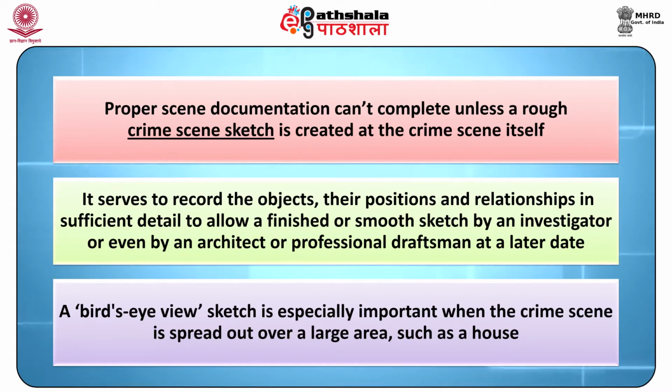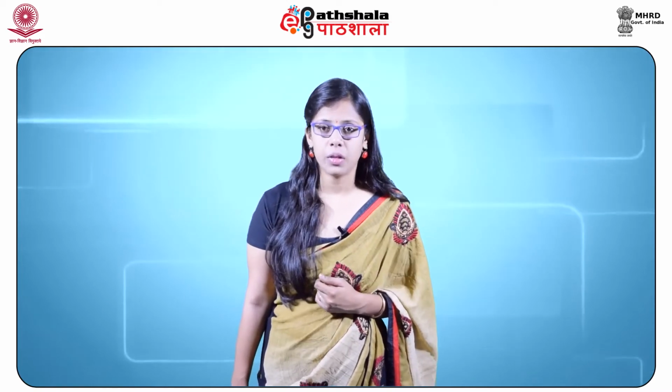A bird's eye view sketch is especially important when the crime scene is spread out over a large area such as a house. A sketch is a permanent record of the size and the distance relationship of the crime scene and the physical evidence present in it.